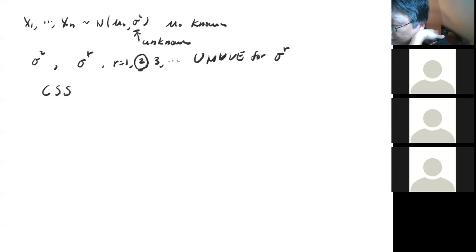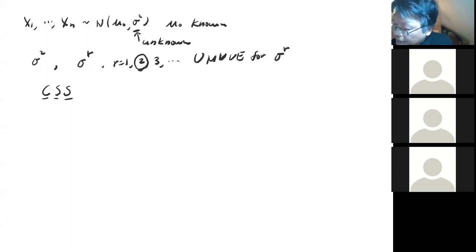If you check the slides of the last unit, the last few slides talk about how to find a UMVUE. I'll review it tomorrow in class, but the easiest way is to find the complete sufficient statistic first, work on it, and then find an unbiased estimator for sigma to the gamma.